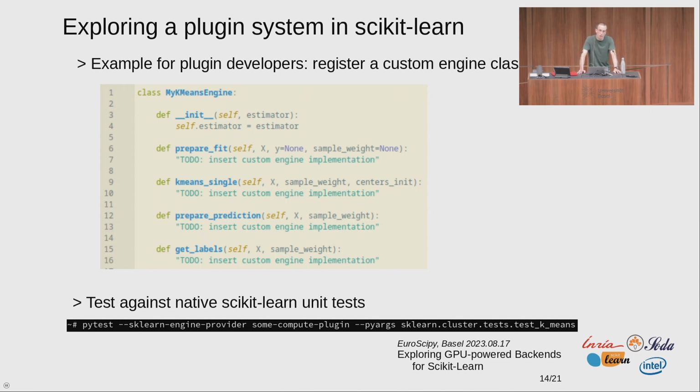And then you have a registration method that enables making it available and then used by users with the workflow I showed before. Something that is important too is to provide developers with tools that enable testing the plugin against existing native scikit-learn unit tests.